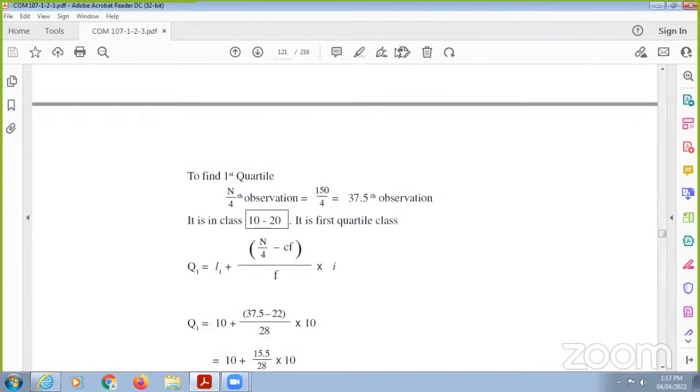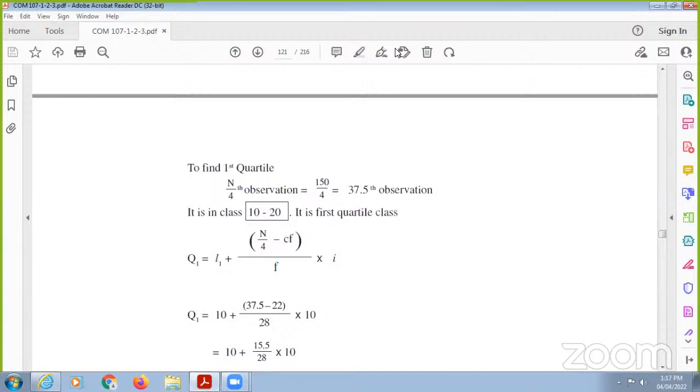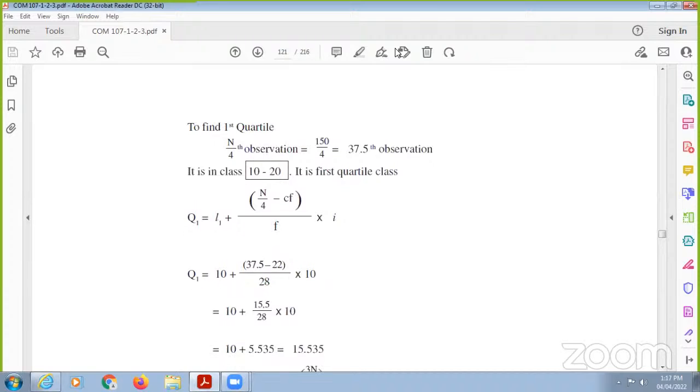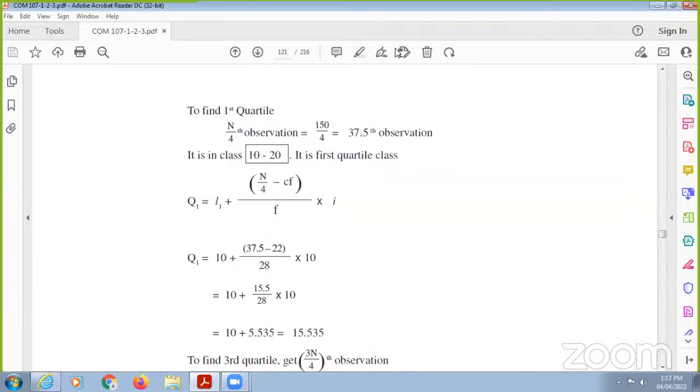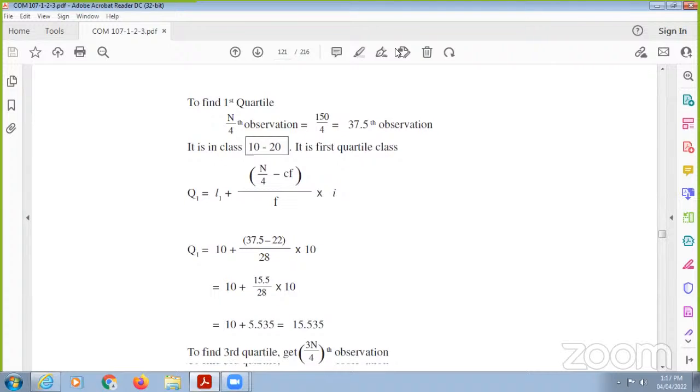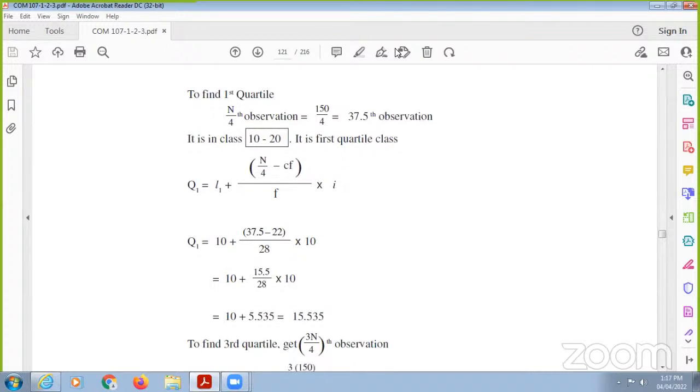Now you will find 10 plus 15.5 upon 28 multiplied by 10. Then the answer is 10 plus 5.535, which is equal to 15.535.